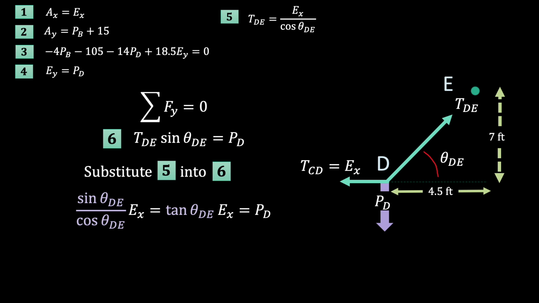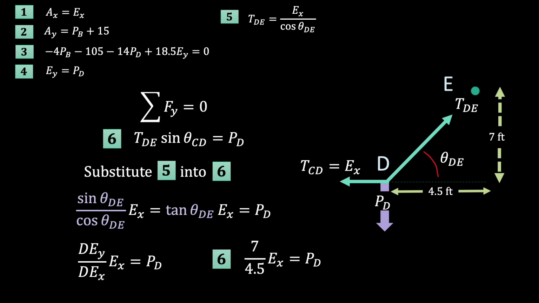Sine theta over cos theta gets replaced with tan theta. Then tan theta gets replaced with actual numbers. Much better, right? Okay, we've got PD nicely in terms of EX, so we're ready to move on to joint C.